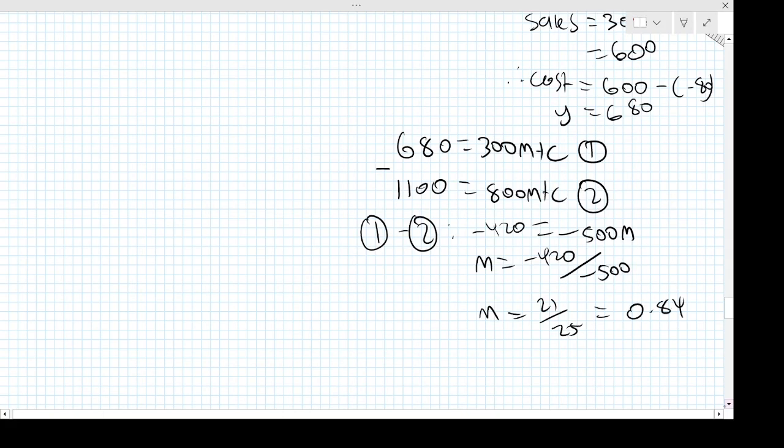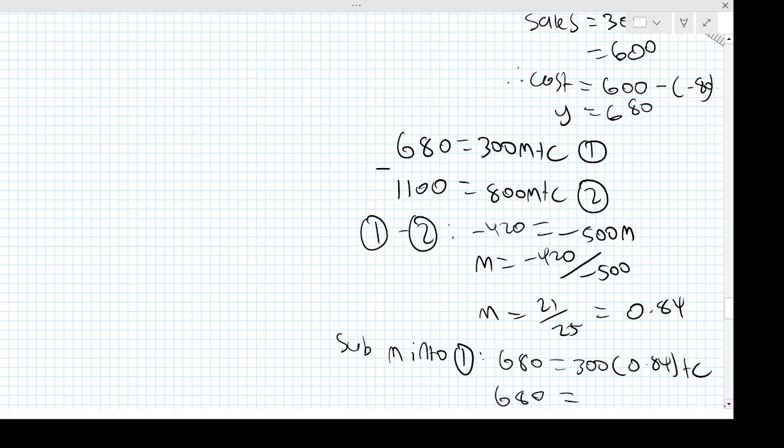Okay, well then I can find the c value. I can substitute m into either equation here. So I'm going to sub m into the top equation, so into the first one. Then 680 is going to equal 300 times 0.84 plus c. Therefore 680 is 252 plus c.